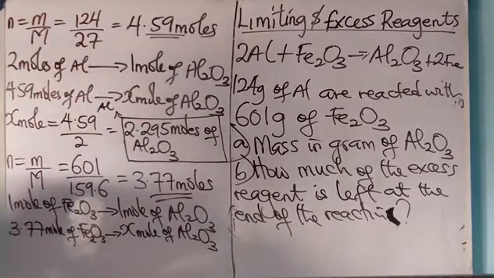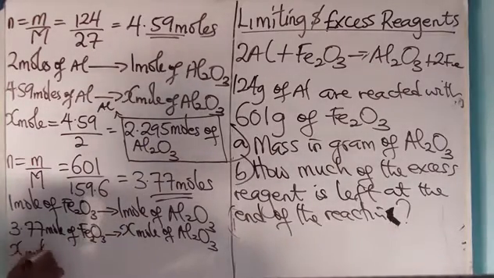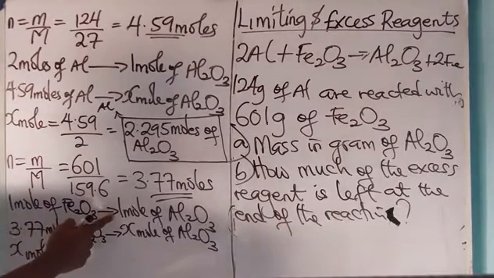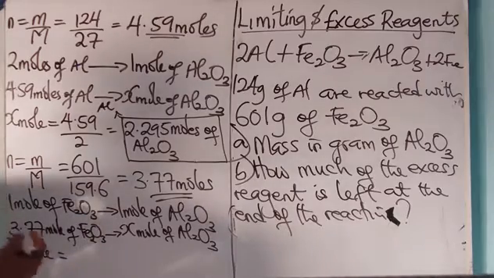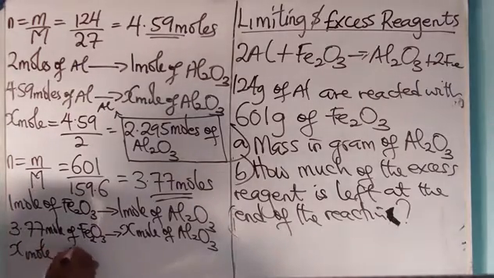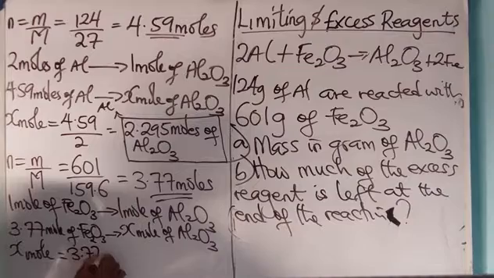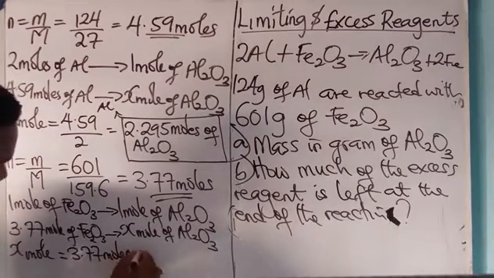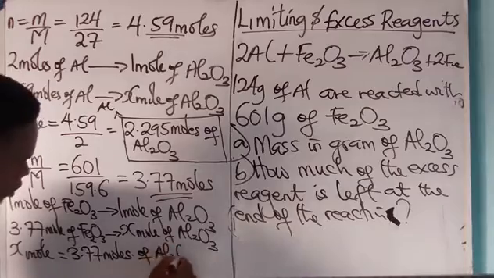So what do we do next? We cross multiply. So X mole equals this times this, which means 3.77 times 1 is the same as 3.77, divided by 1, the same thing. So X mole equals 3.77 moles of aluminium oxide.